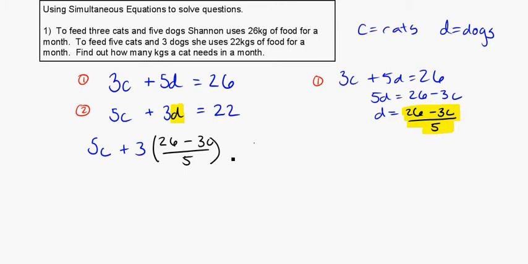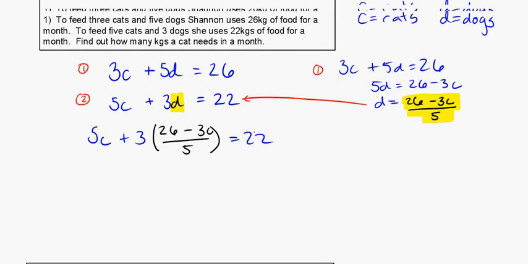So again, I've just rearranged the first equation to get D equals something, and I've substituted that in to my second equation. So using substitution, replacing D with all of that, now I can look at just trying to expand and simplify and solve for C.